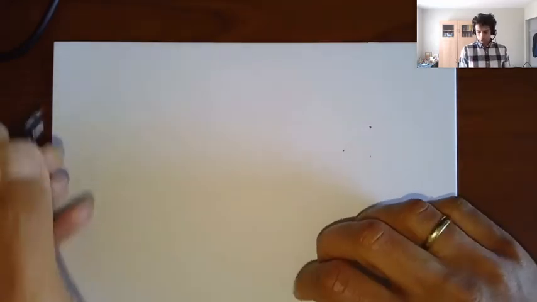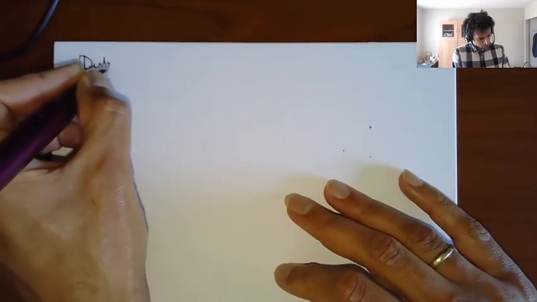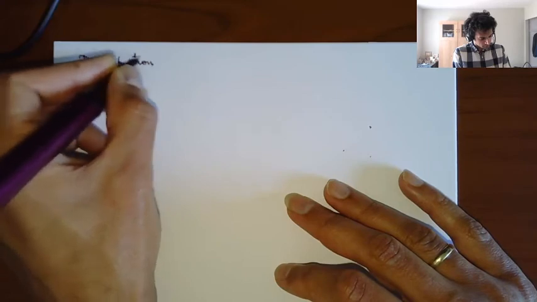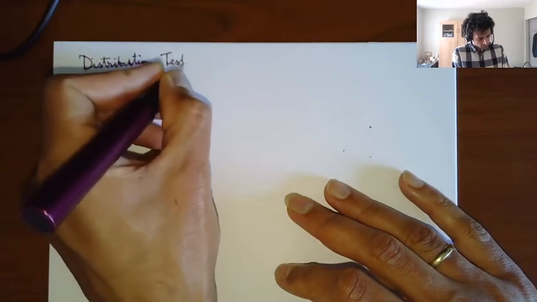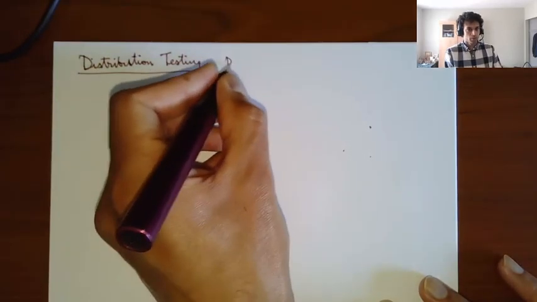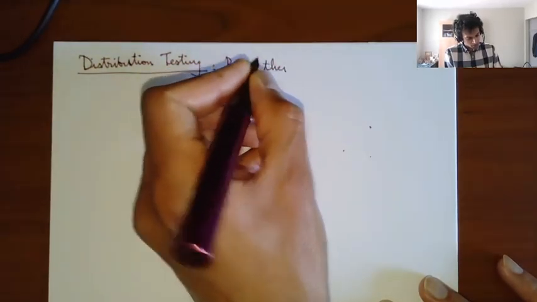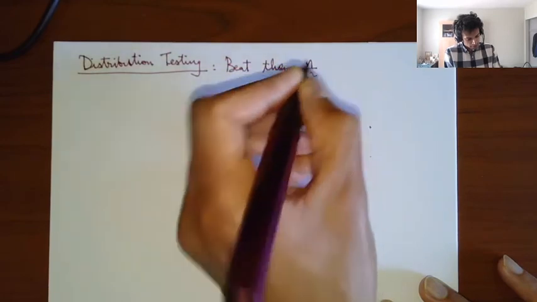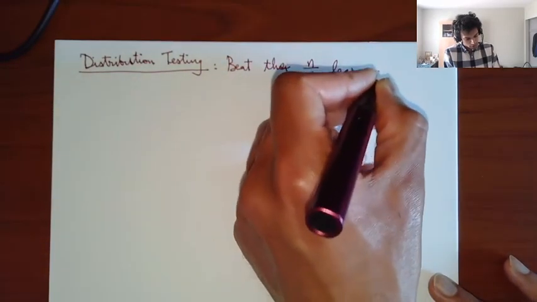All right, so now that we have this fundamental theorem in place, we can ask the distribution testing question. We now have a better sense of what we are looking for, which is, in distribution testing, the main game is to beat the n over epsilon squared learning bound.